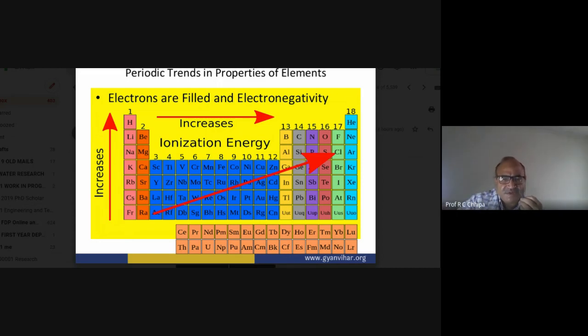In the whole periodic table, the diagonal starts from the last, in period number 7, where there are francium and then radium.